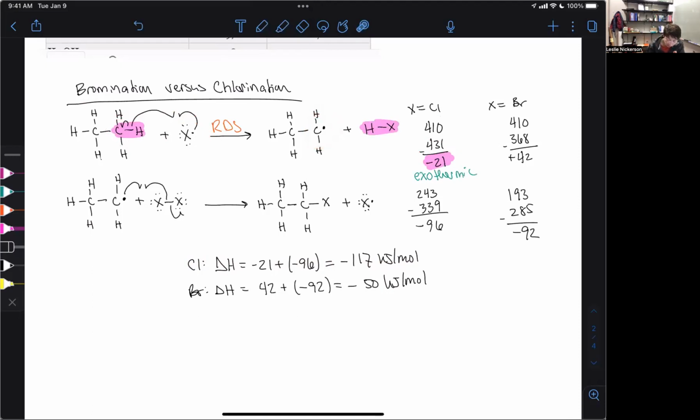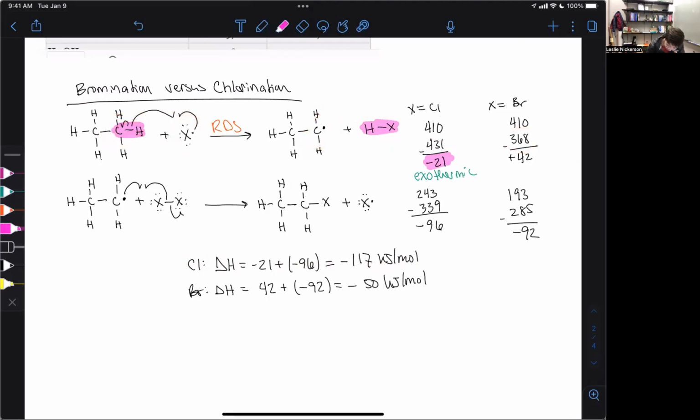So when we have bromine, we start with a bromine radical and we do our hydrogen atom abstraction to get to our carbon radical and HBr. We're still looking at the same CH bond dissociation energy, but now we're looking at the formation of HBr, which has a BDE of 368.